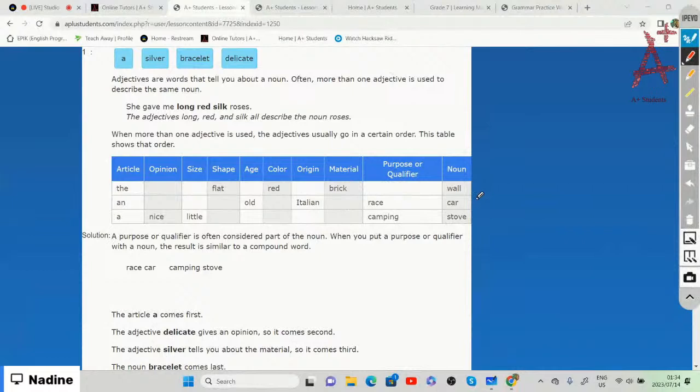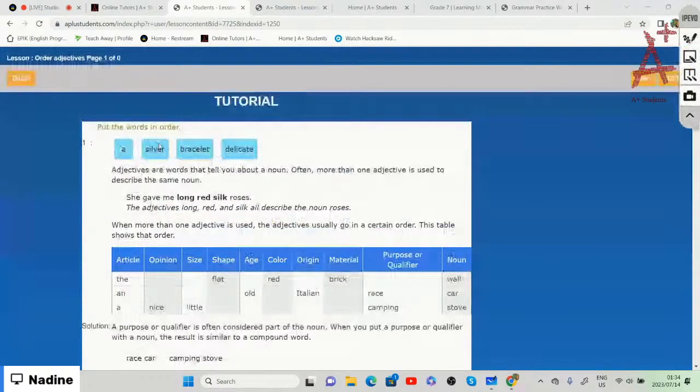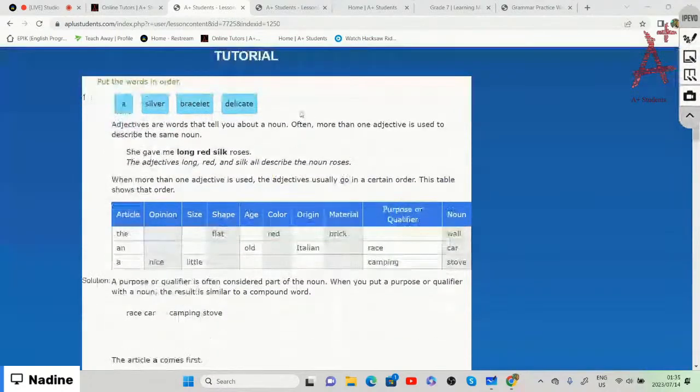All right, so now we are going to do a little activity, with sentences where we put the adjectives, or the words, in order. It says: a silver bracelet delicate. We need to put the words in order.